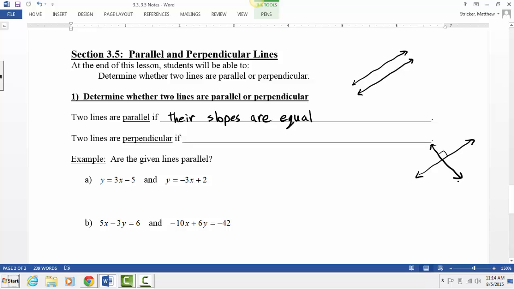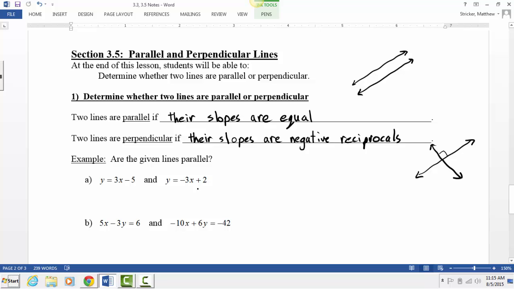And it turns out that if two lines are perpendicular, their slopes are negative reciprocals, meaning they have a different sign and the slopes are reciprocals of each other. So we'll talk about what reciprocal means here in a second.